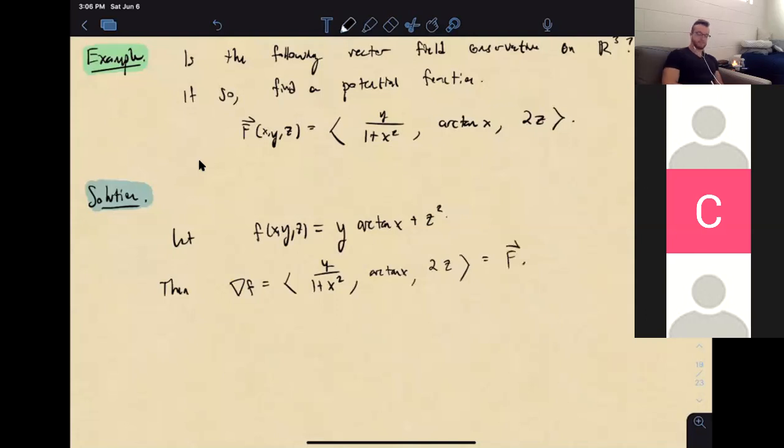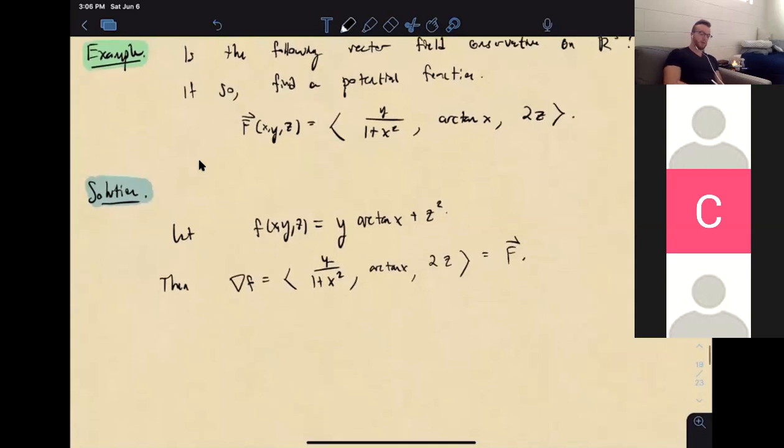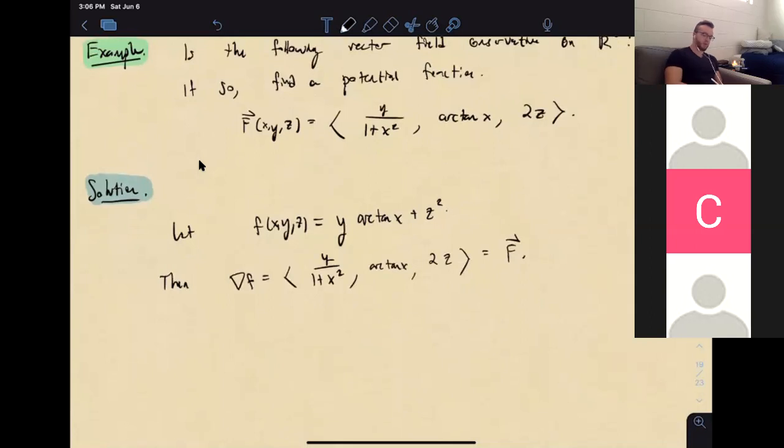So what have we shown? First of all, we've shown that f is defined everywhere.